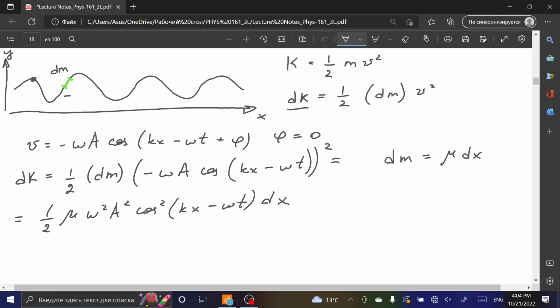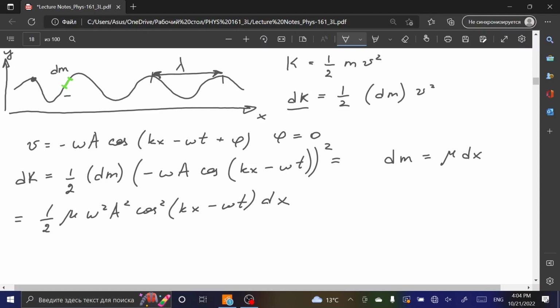Now we want information about the kinetic energy of some more defined length of the string. Let us consider the wavelength. Please remind me, what is the definition of wavelength?